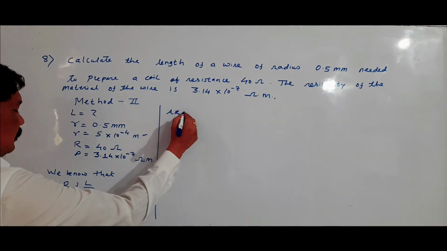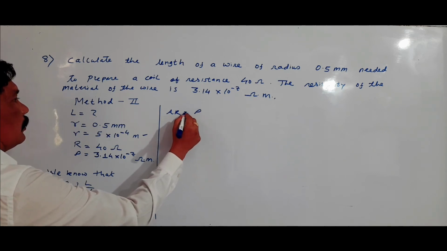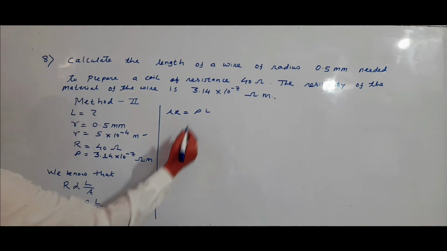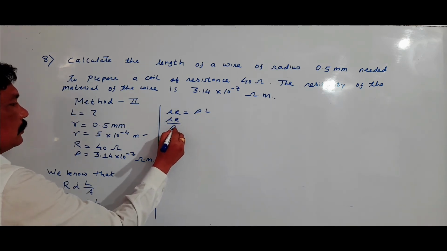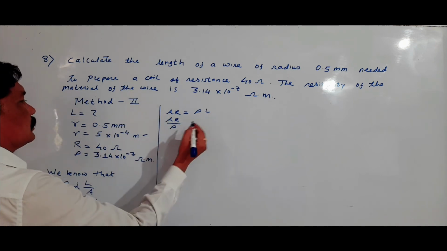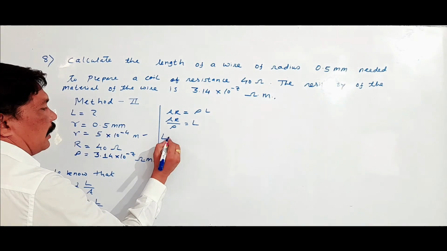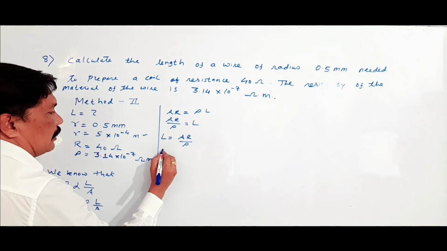AR is equal to resistivity of a material into length. We have to find the length. We'll take the constant to the other side of the equation, L is equal to AR divided by resistivity of a material.